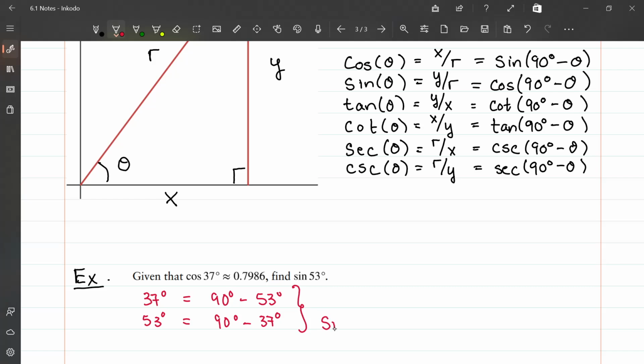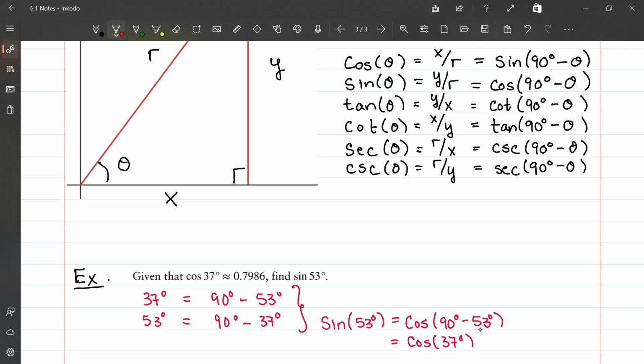I can write sine of 53 degrees, which is the desired value I want to get, and that's going to be the same thing as cosine of 90 minus this angle 53, which turns out is cosine of 37 degrees.